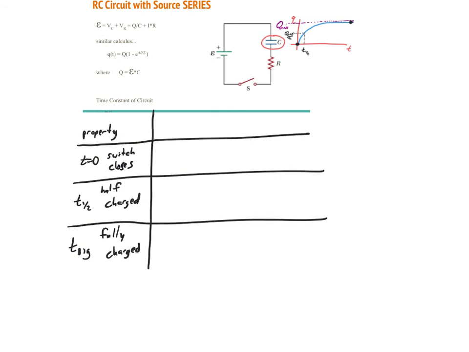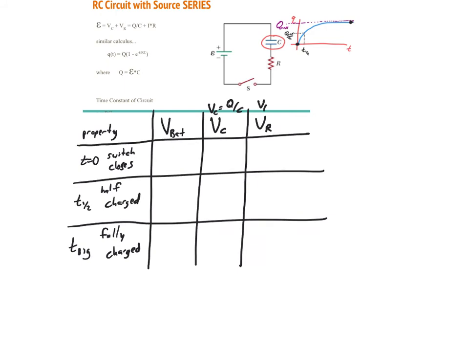What do we want to know for each of those times? We want to know the voltage across the battery, also called the EMF. We want to know the voltage across the capacitor, which is also equal to VC is equal to charge divided by capacitance. Very helpful information. We want the voltage across the resistor.